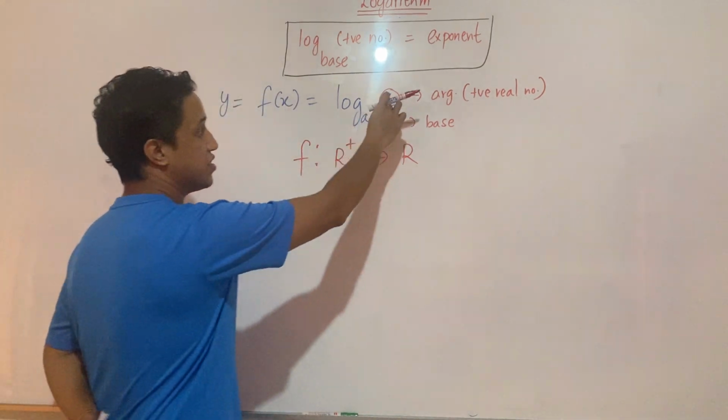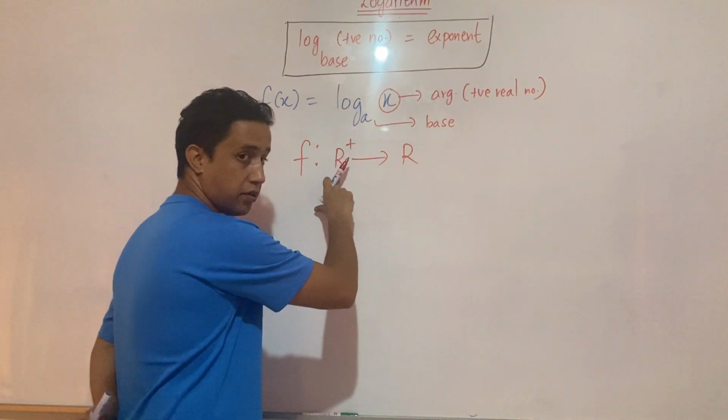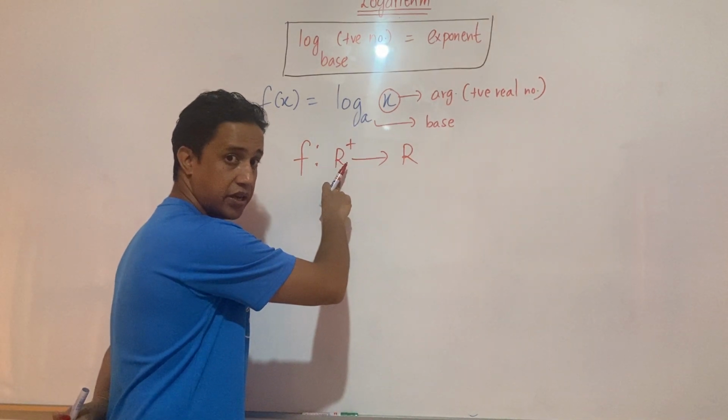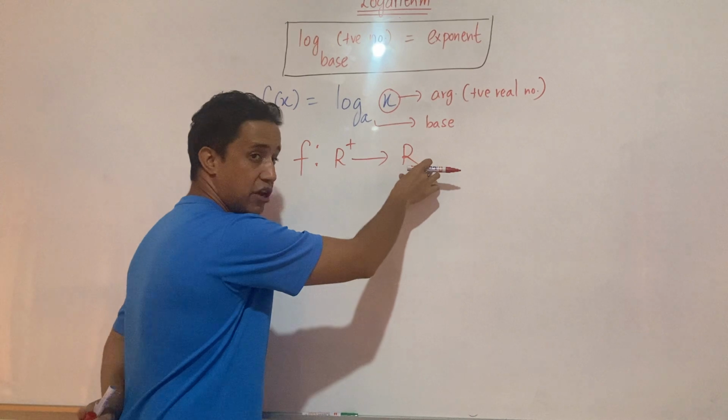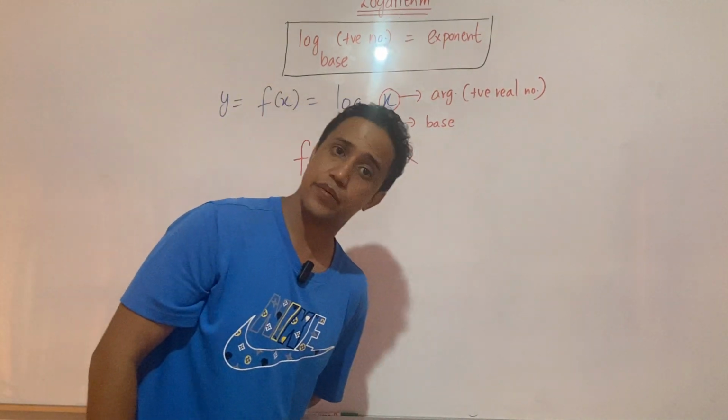Why? Because this number has to be positive, so it takes all the positive values, and in return, it gives us the real values, right?